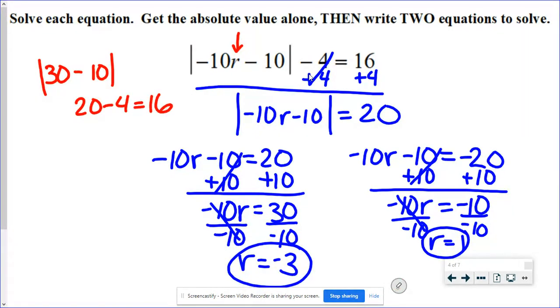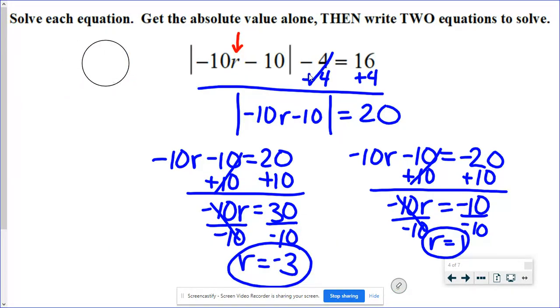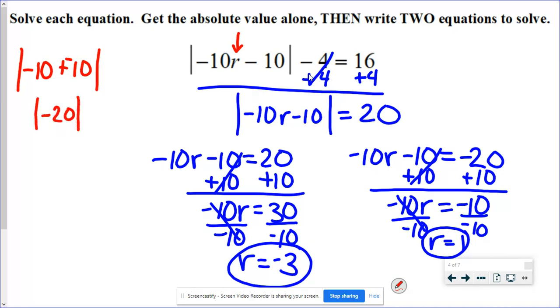If I put a 1 in that spot, I would have negative 10 times 1 is going to be negative 10 minus 10. Now remember, that's an absolute value. That's going to be the absolute value of negative 20, which is positive 20 minus 4 also gives me 16. They both work. You can always check them by substituting.